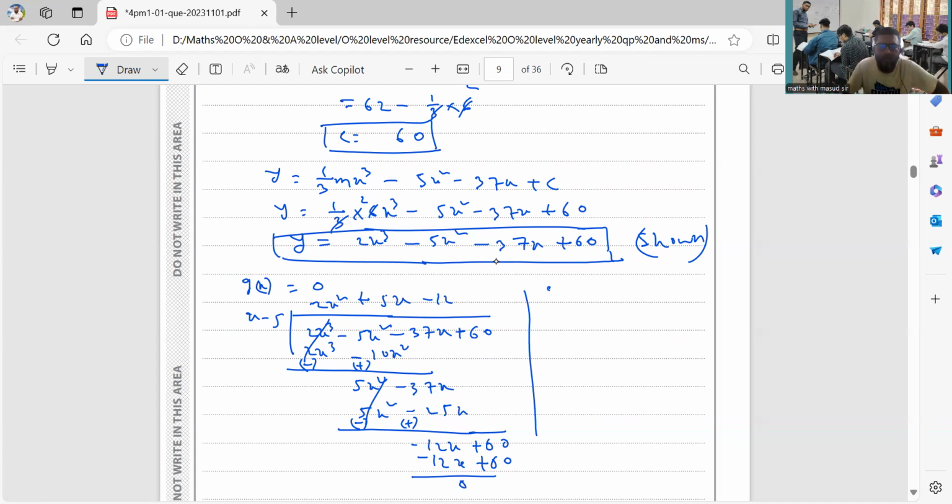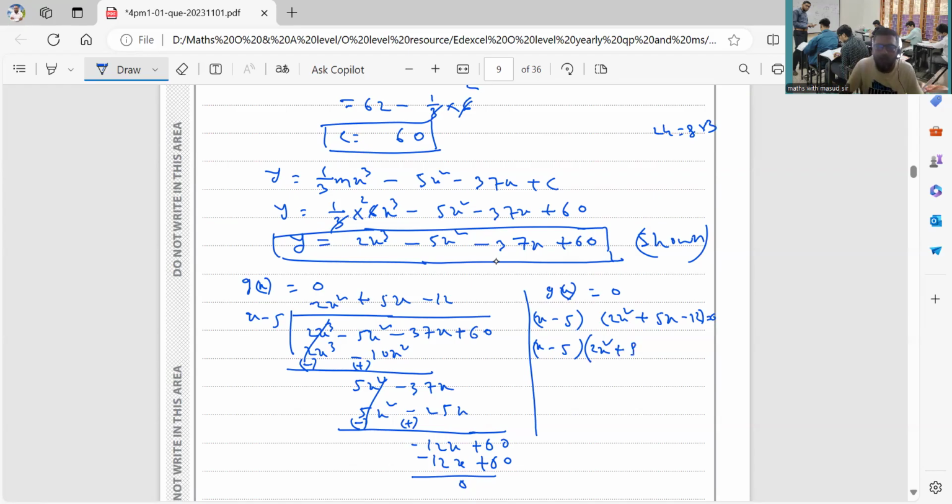So using the long division, now we can write g(x) equals 0. So we can write (x minus 5)(2x squared plus 5x minus 12) equals 0. So x minus 5 is one factor, and you do the middle term break, 2x squared plus 5x minus 12. Or you can use the formula, it is up to you. If you do the middle term break, 2 into 12 is 24, so 8 into 3 is 24, and 8 minus 3 is 5.